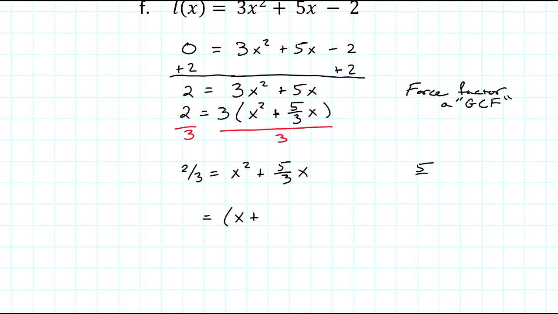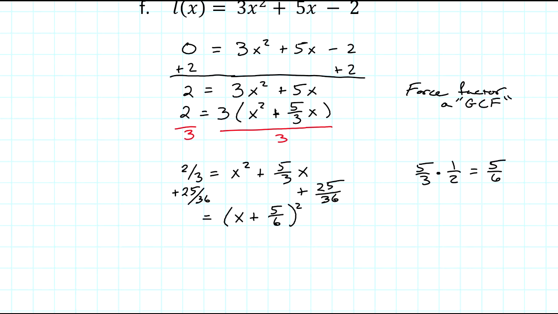So 5/3 times 1/2 is 5/6. So we want x plus 5/6, quantity squared. But that then causes us to have added 25/36 to this side. So we need to do the same to the left to keep this all in balance.